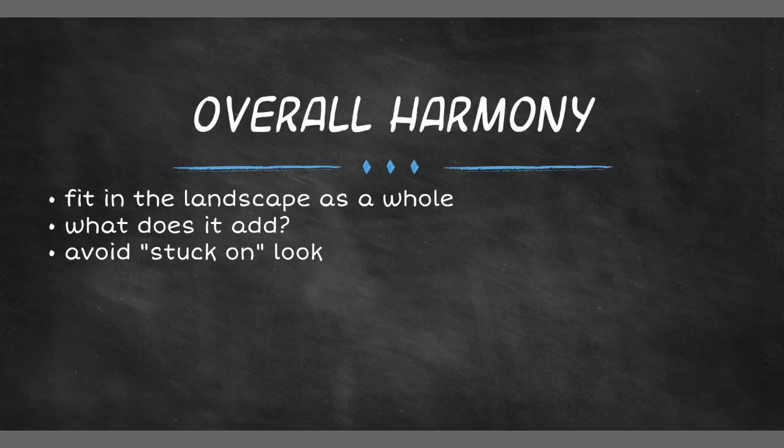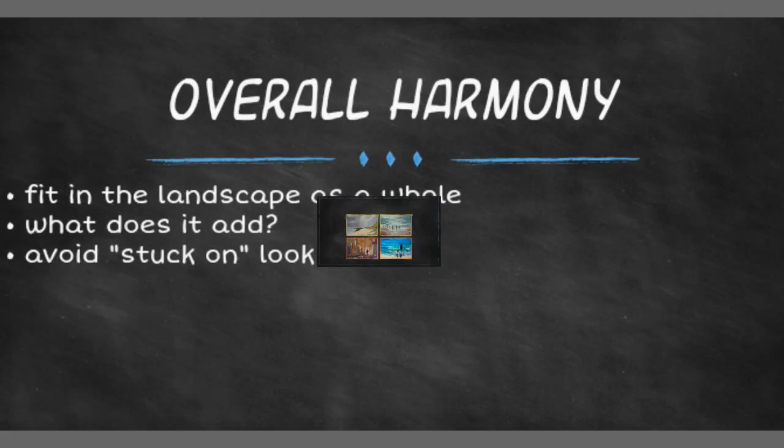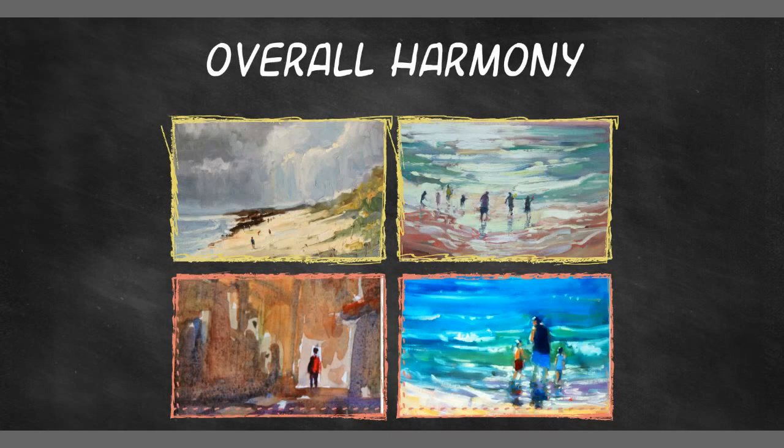Keep an eye on those edges. Make sure the edges are not hard, because then it looks like a sticker has been put over the painting. So these are just examples where figures are very loosely painted and they form a part and a whole with the painting, and contribute to the scene rather than looking too artificial.